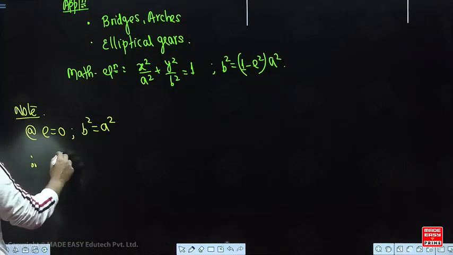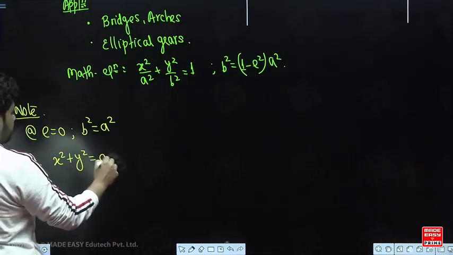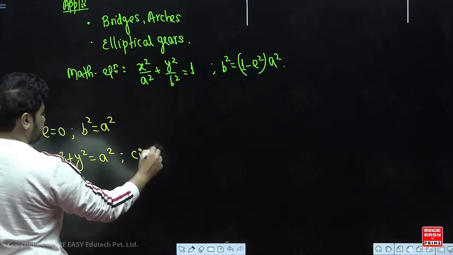So therefore x square plus y square is equal to a square. So this is nothing but your circle, right?